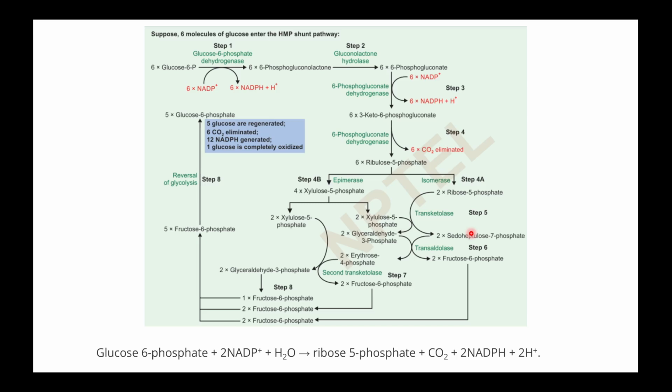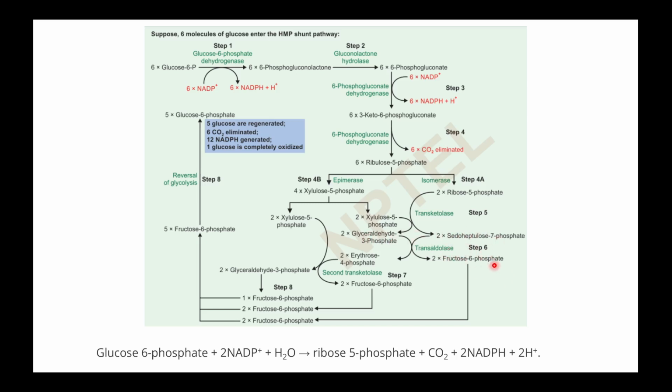Okay, then next is a transaldolase reaction where the glyceraldehyde 3-phosphate and sedoheptulose 7-phosphate combine and become 2 molecules of fructose 6-phosphate and 2 molecules of erythrose 4-phosphate. So this is 3 carbon and this is 7 carbon, total 10.